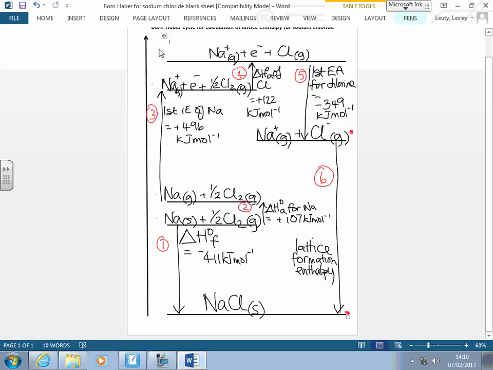Let's try blue. Right, starting from here, then we want the negative version of this one, don't we? To get to there. Then we want, I haven't got room, negative version of that one, negative version of this one, negative version of this one, but we can leave that one as it is. Yeah? So we can take that route and we get the right value doing that.